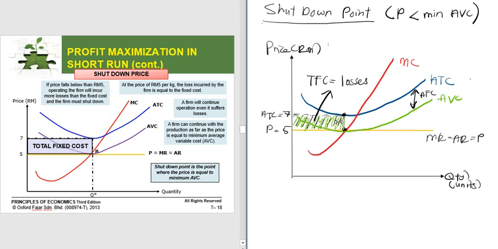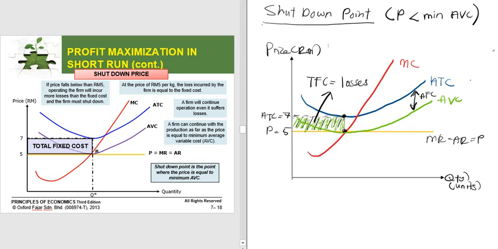But what happens if the average revenue or the price of the product is below 5 ringgit? That is below the shutdown point, which is 5 ringgit just now.